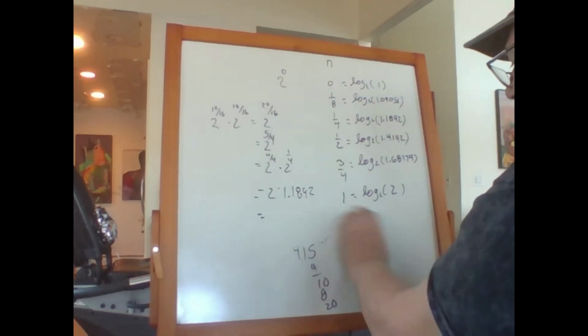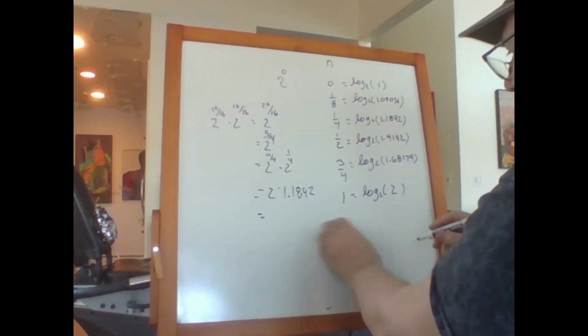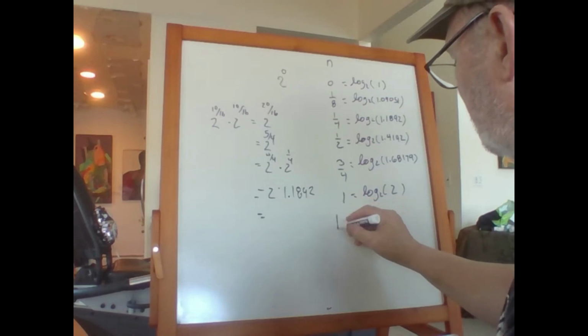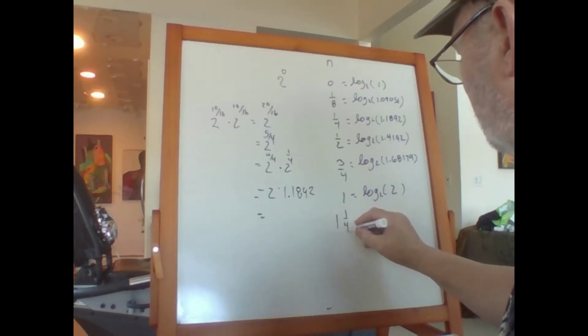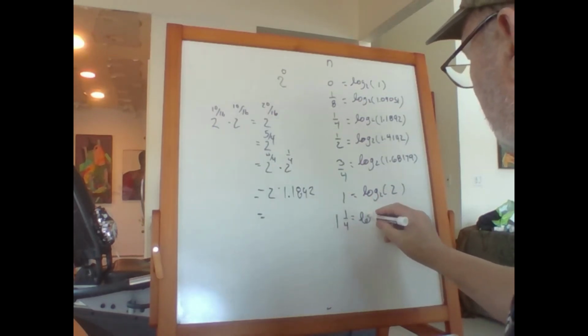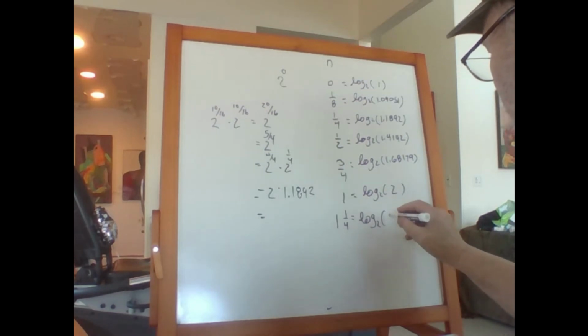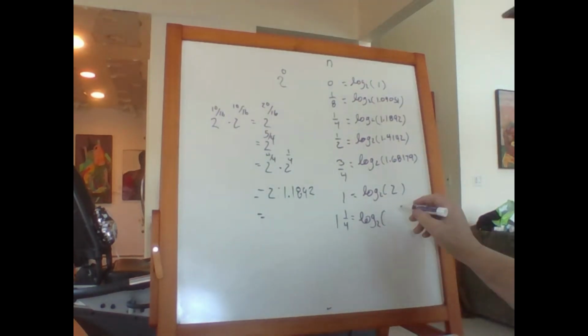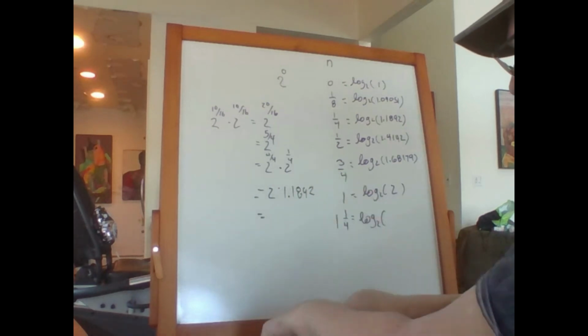So we have 1.25 equals log base 2 of 2 times 1.18.